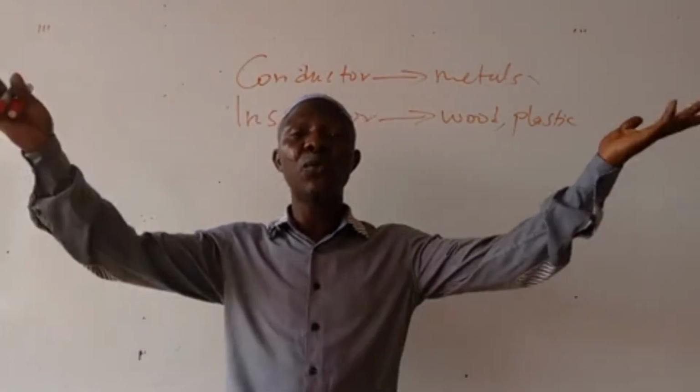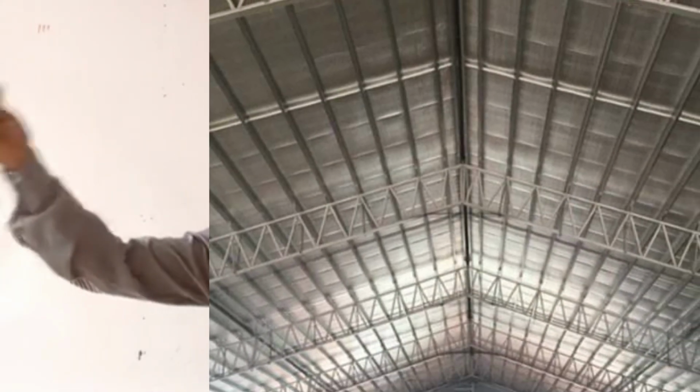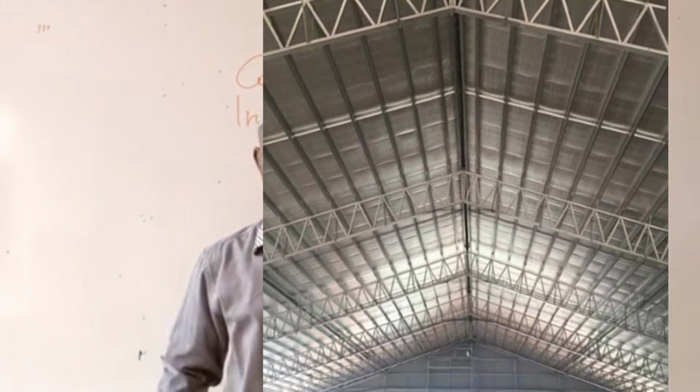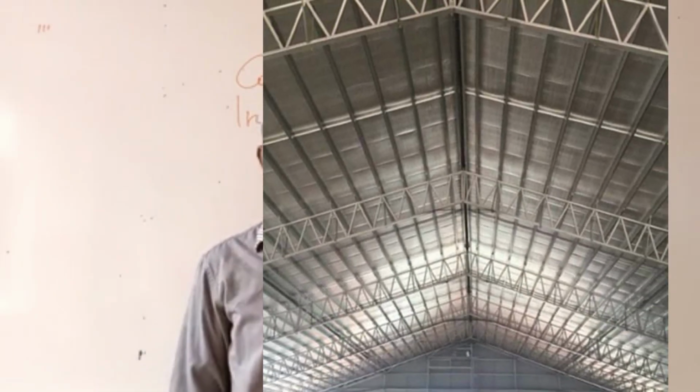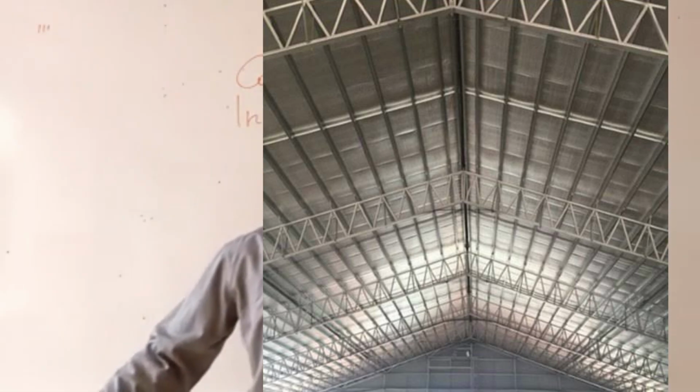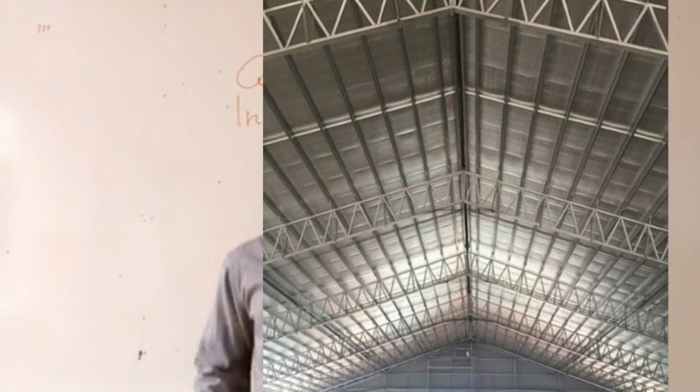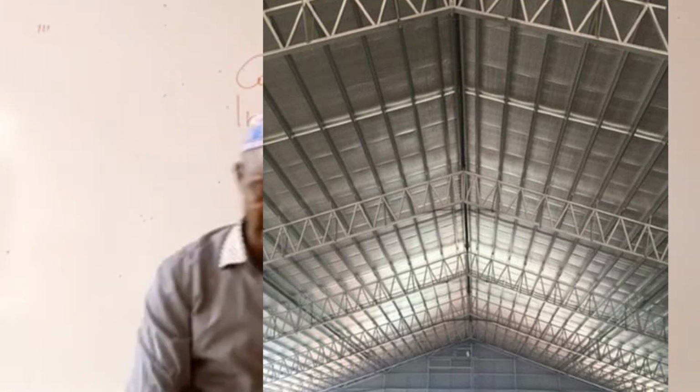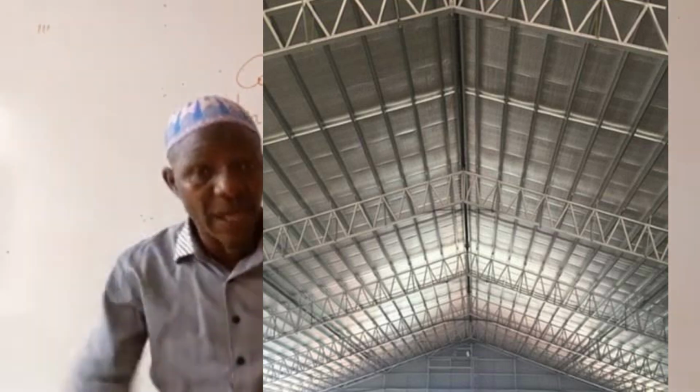Then what of the roof of our AC room, our air conditioner room? If you turn on your air conditioner because you want the room to become cool and cold, and the roof is made of a conductor, it will conduct heat, so you will not feel the impact of the AC.